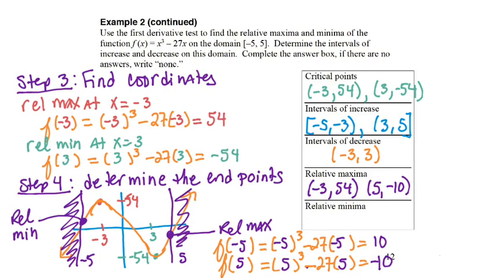Going back to step 2, my second critical number of 3 was determined to be a minimum, whose y value is negative 54, but we also have an endpoint that's a relative minimum, which is our final negative 5, comma 10. And we're done with the problem.